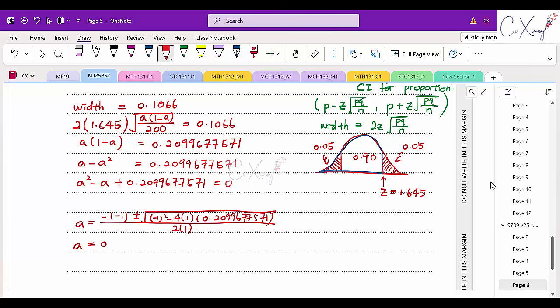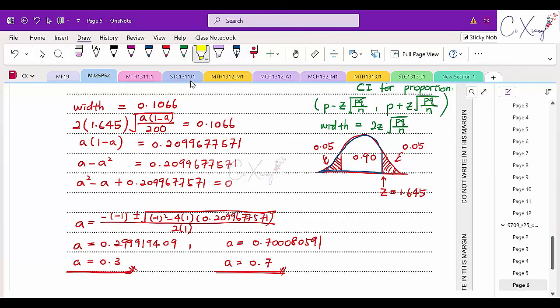One of the values is 0.2999419409, a long value. Another one will also be a long value here, 0.7000080591. And then of course I want to carry it to three significant figures, then I will get 0.3. Another value of A will be 0.7. Okay, so these are the two possible values for the proportion A. Right, and this is how we solve the question.